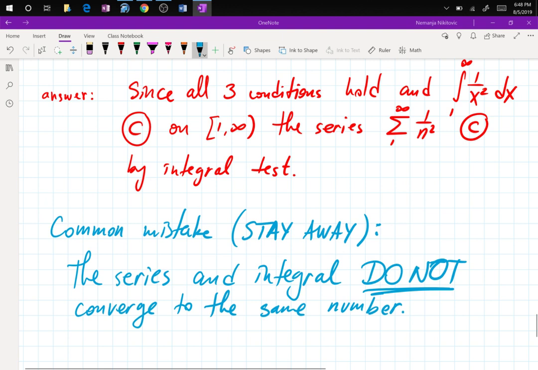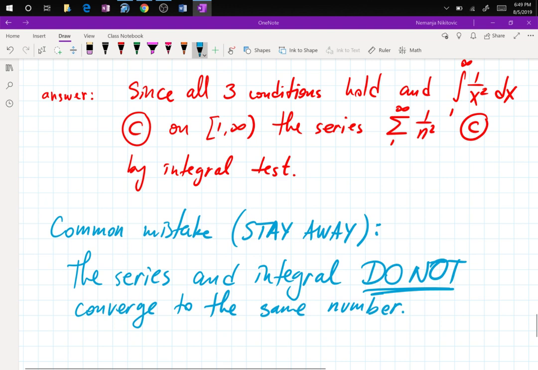When you see a series in a form where you can integrate, then the good way to solve it is by integral test, but only if the three conditions hold. Sometimes troll questions on the exam are, use the integral test to test the convergence of the series. Boom. And those who don't pay attention just go integral 0 to or 1 to infinity.